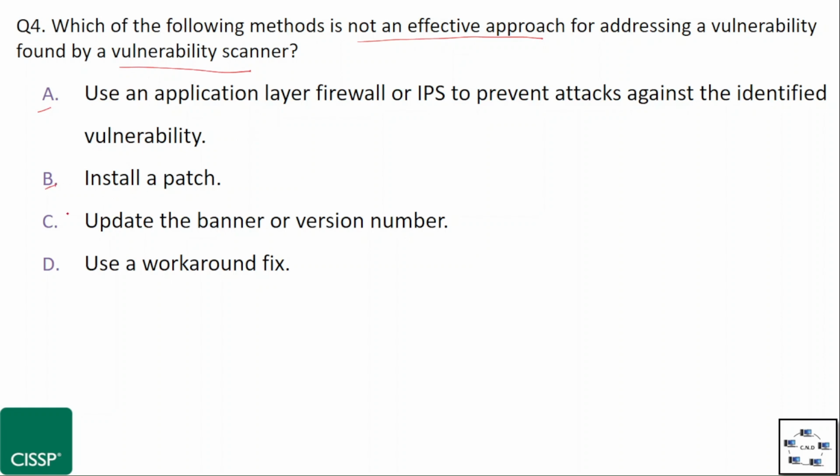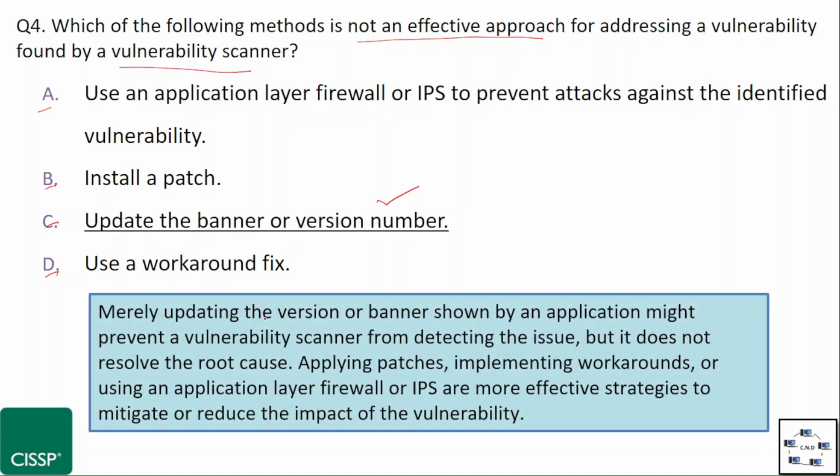Option B, install a patch. Option C, update the banner or version number. And option D, use a workaround fix. And the correct option is that updating the banner or version number is not an effective approach for addressing a vulnerability.